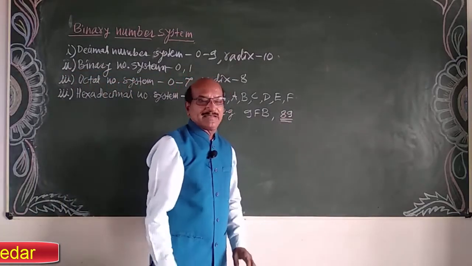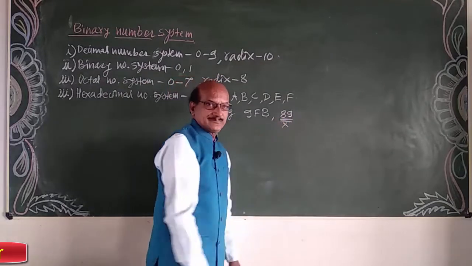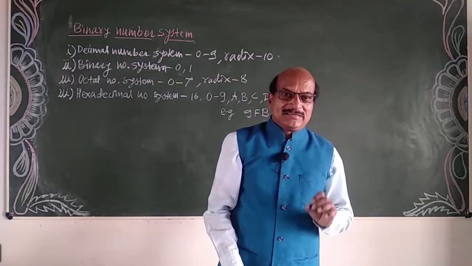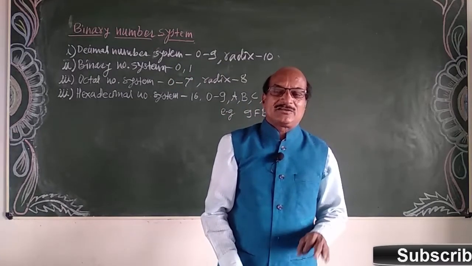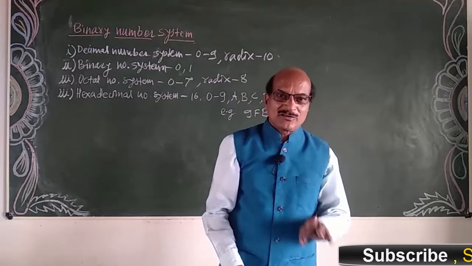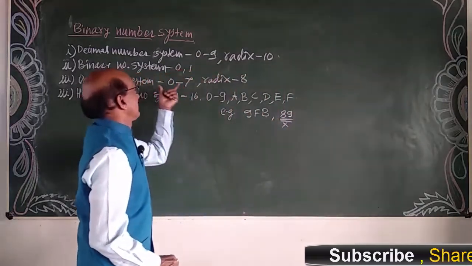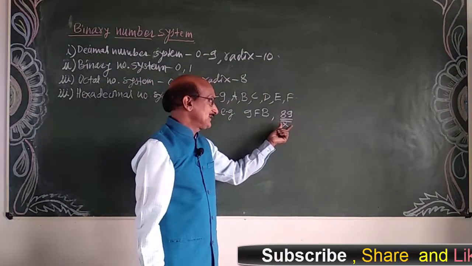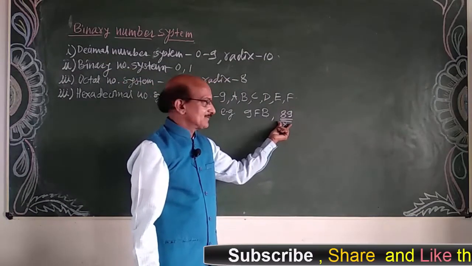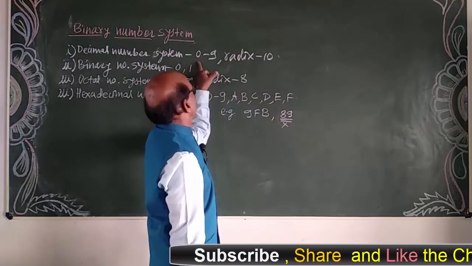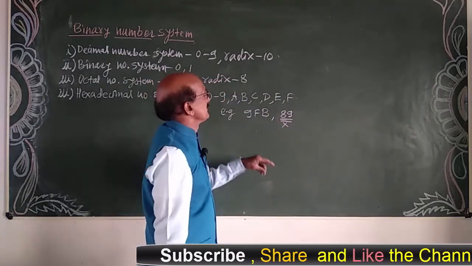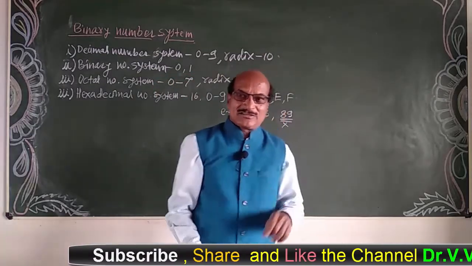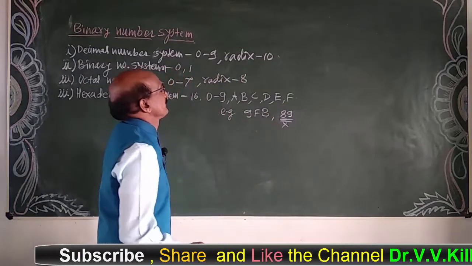So, this is not a valid octal number, because 8 and 9 are not the symbols used in octal number system. But this is a valid decimal number, because in decimal number system we can use the symbols 0 through 9.